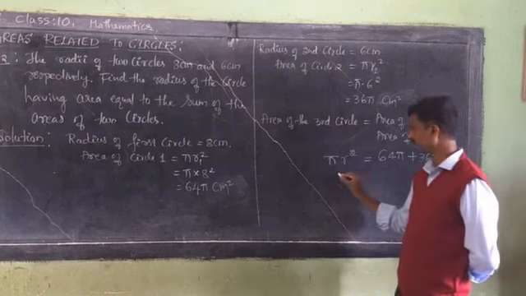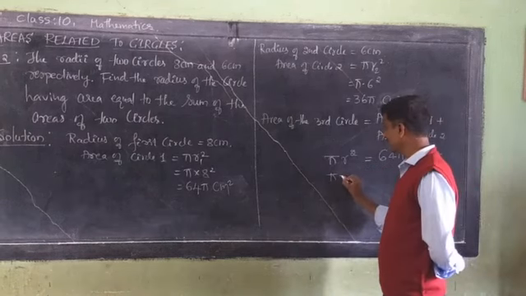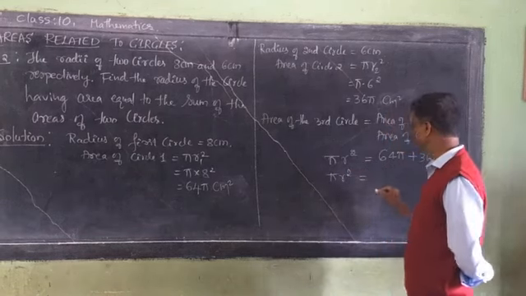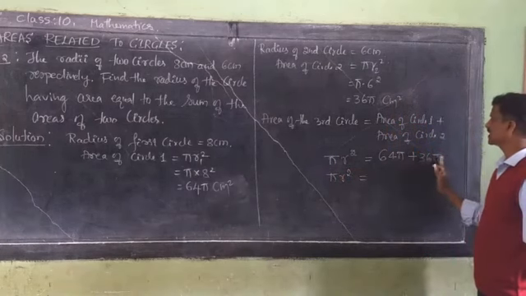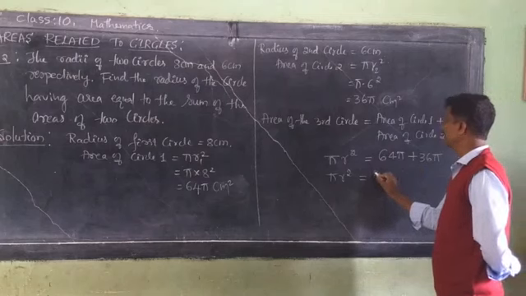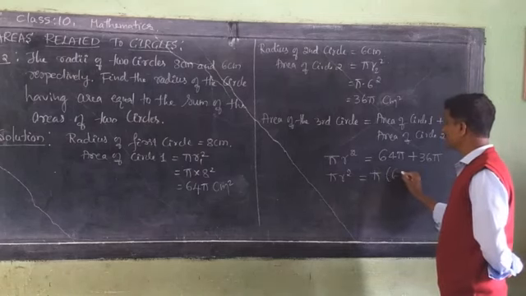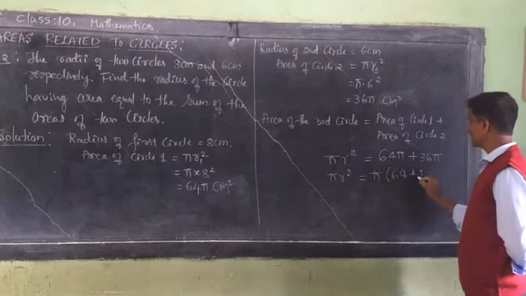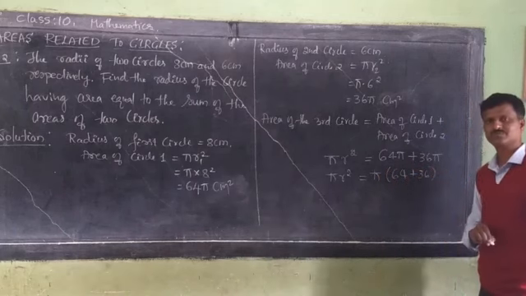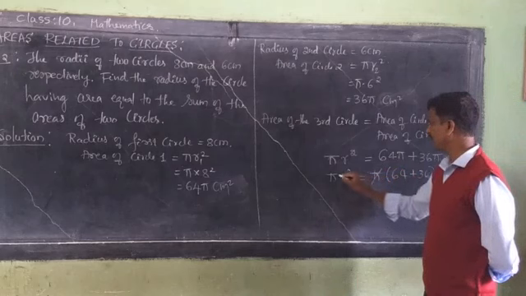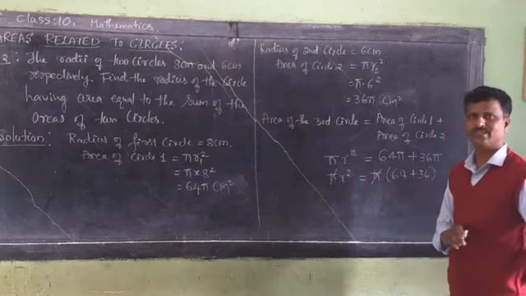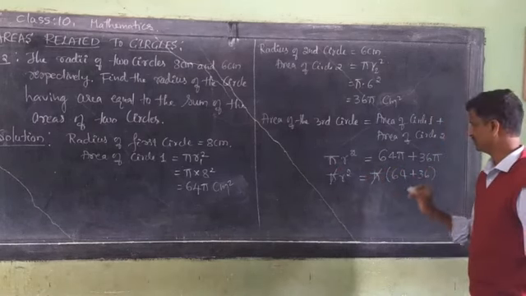Now, here pi r square is equal to, we take pi as a common factor, pi of 64 plus 36. That means pi and pi get cancelled.